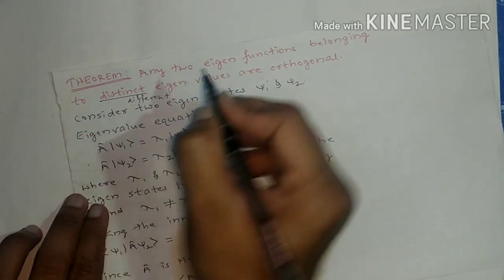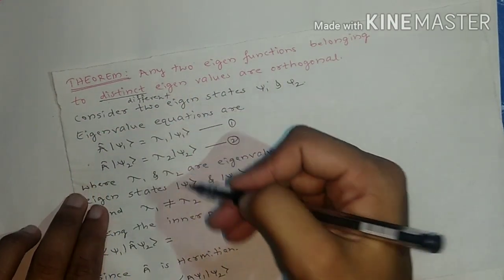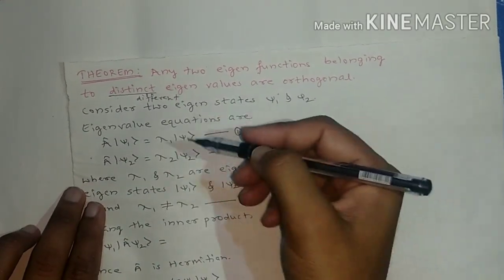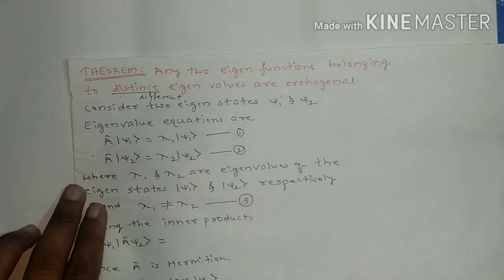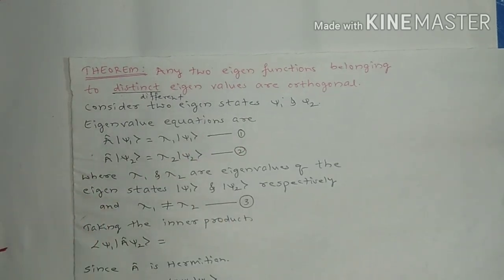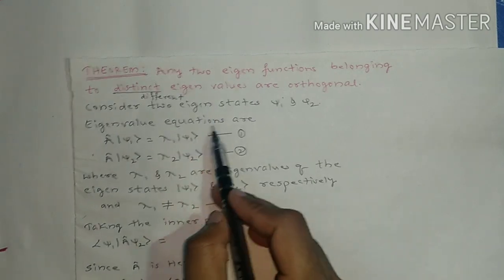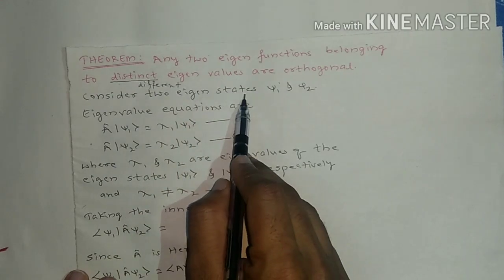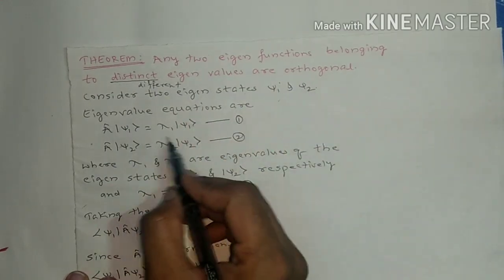So we have two different eigenvalues and two different states, and an operator is operating on those states. Let us prove this one. Again, consider two eigenstates psi 1 and psi 2.